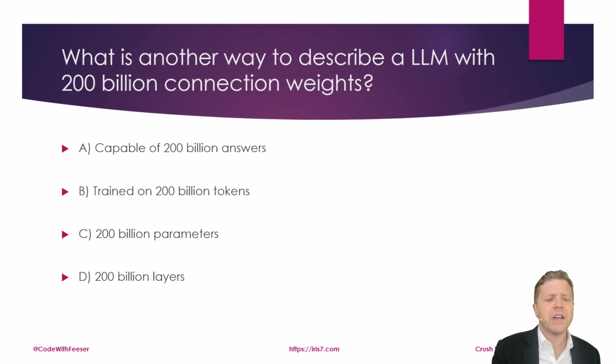200 billion layers, no, you'd have much fewer layers than that. A layer is a series of nodes that point to another series of nodes through connections that are weighted, have weighting to them or preference added to them.